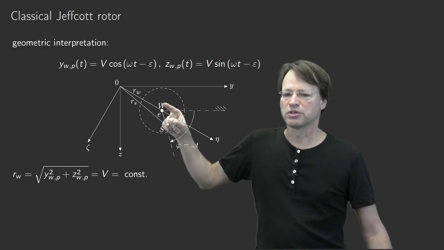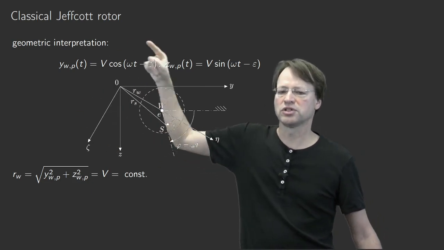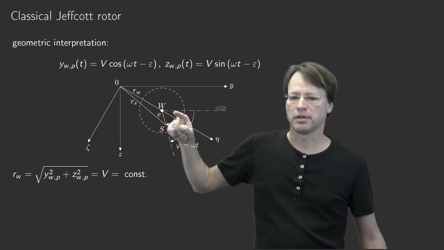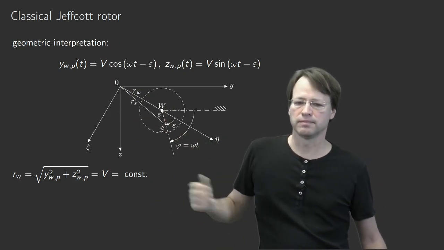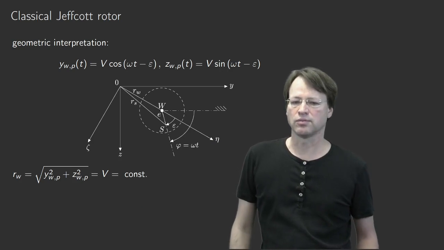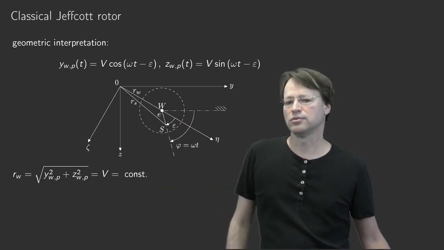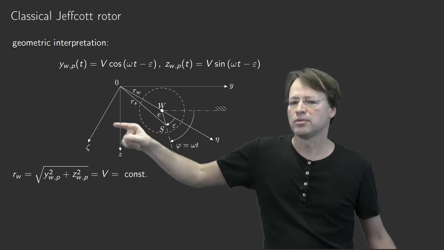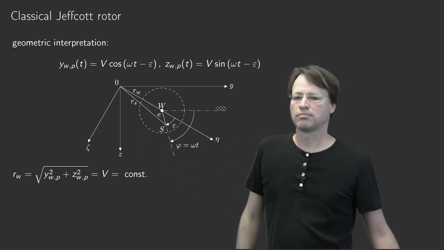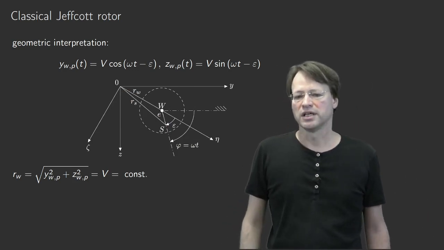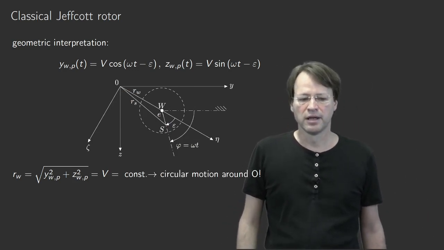Point w, which moves in this inertia system, moves on a circle with a radius r sub w. And that radius is constant. So we have the circular motion. We have discovered that point w is on a circular motion around that origin of our inertia system. A circular motion in the inertia system.